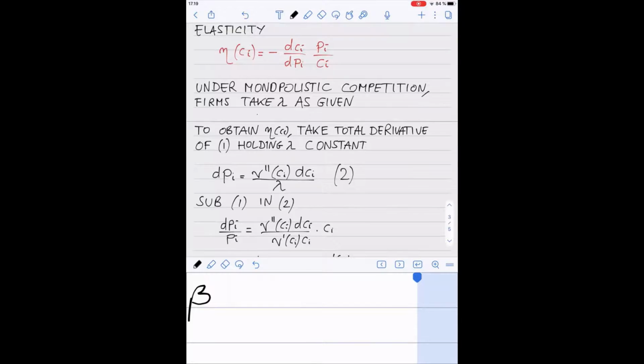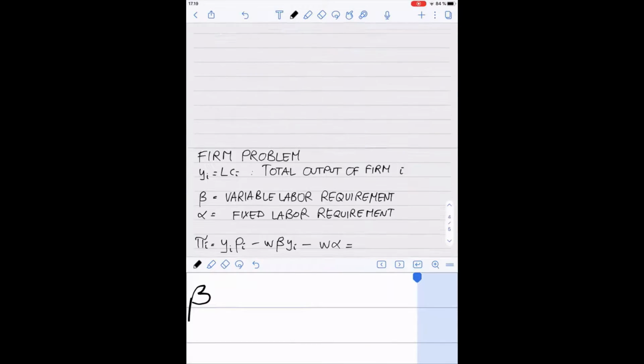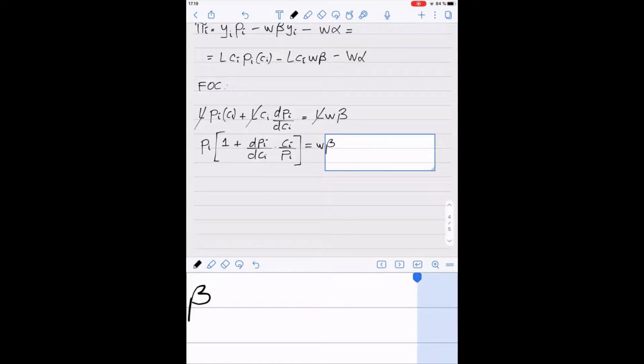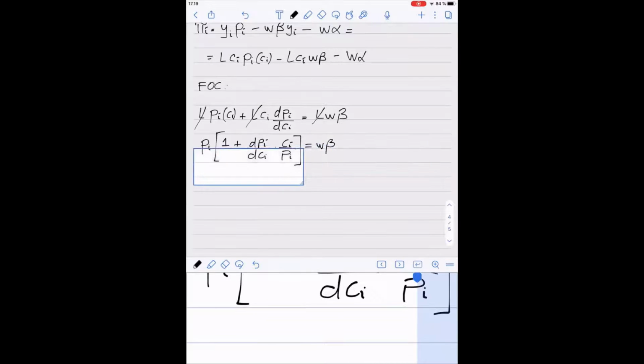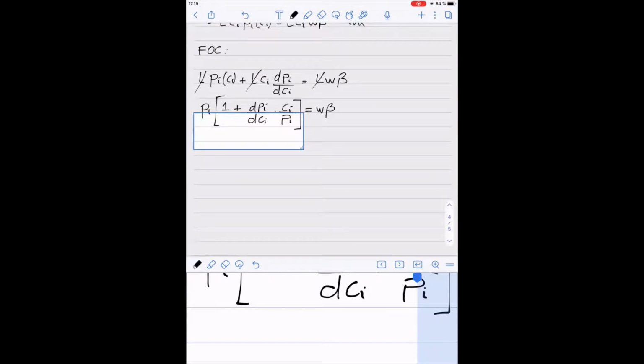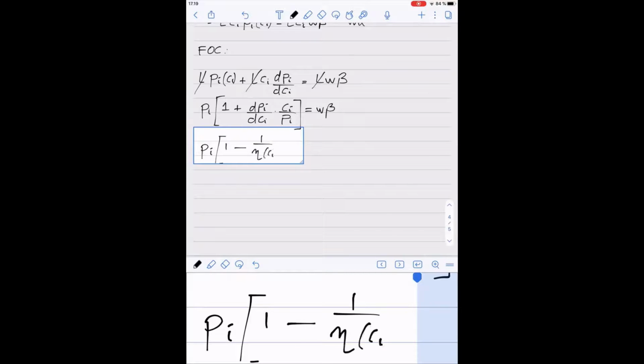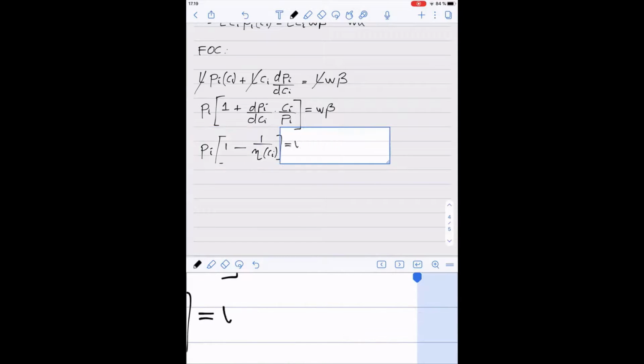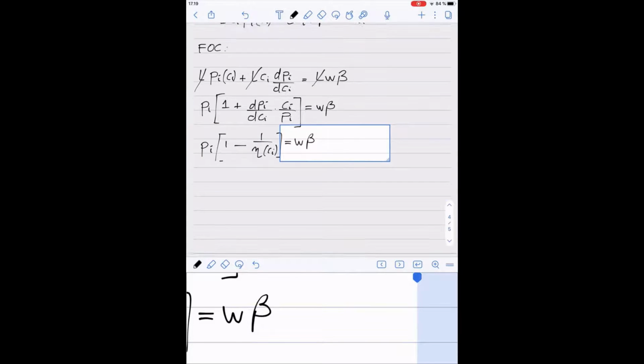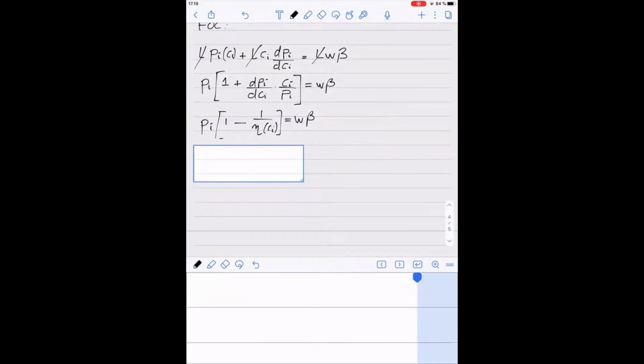And so we can write that the first order condition becomes pi times 1 minus 1 over eta of Ci equals W beta. And so we have our pricing equation.